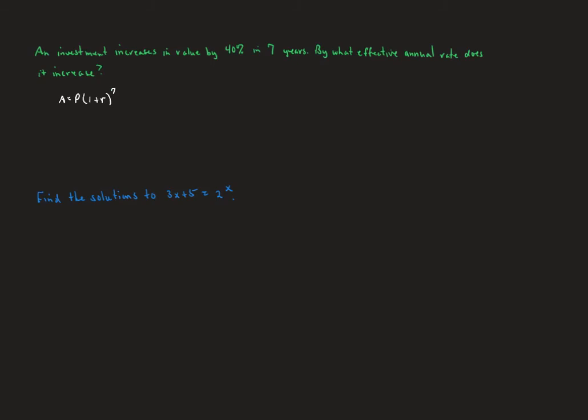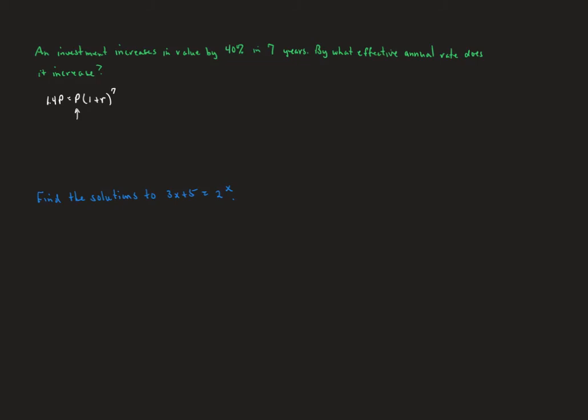If it increased in value by 40%, with P as our initial value, it's 140% or 1.4 times what it was originally.